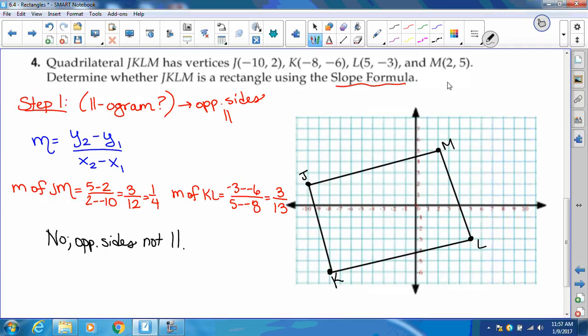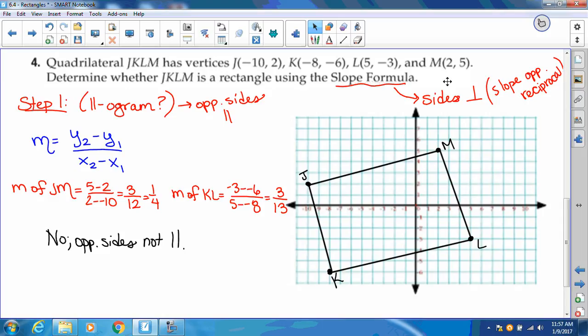As a reminder, if it were a rectangle, the key for the slope formula would be that sides form a right angle, which means they have to be perpendicular. That means the slopes would be opposite reciprocals of each other. So just be thinking through that as you get to some like that on your homework.